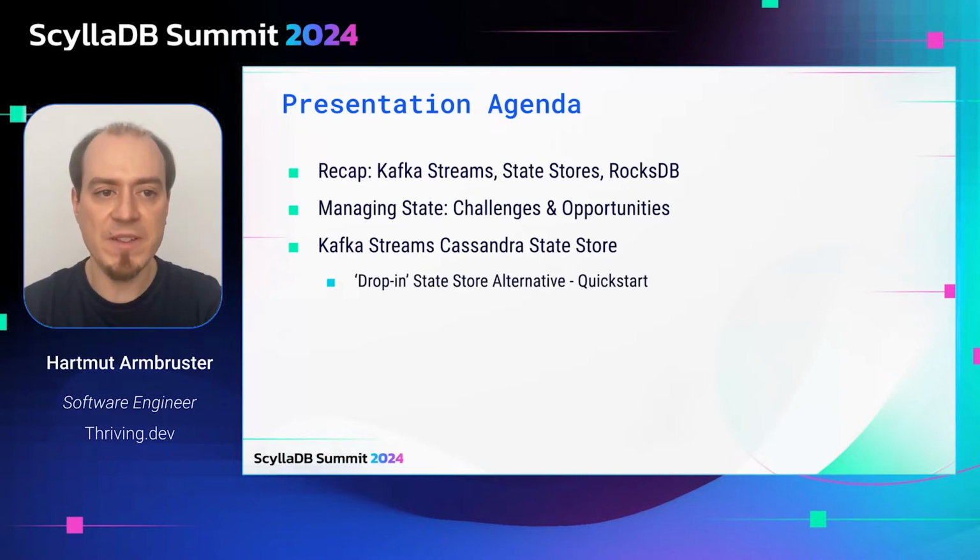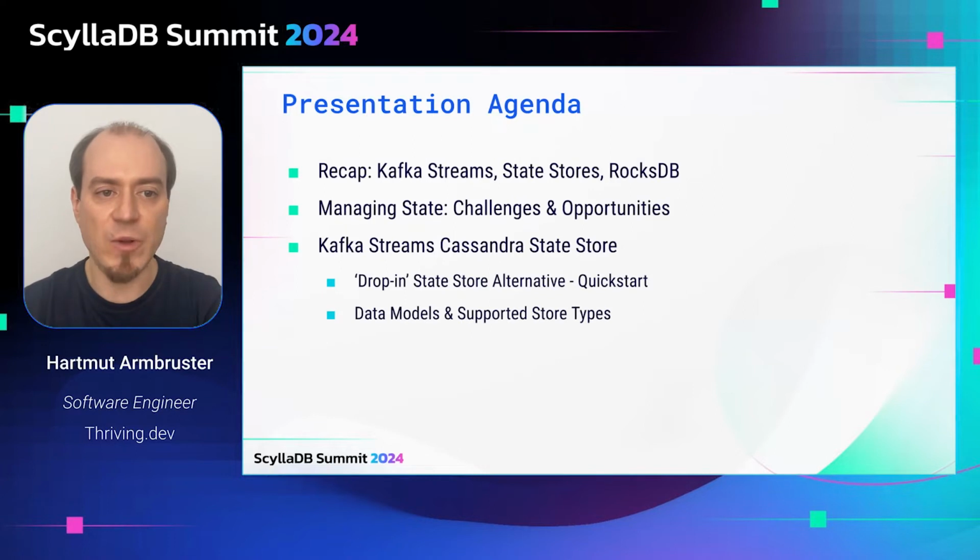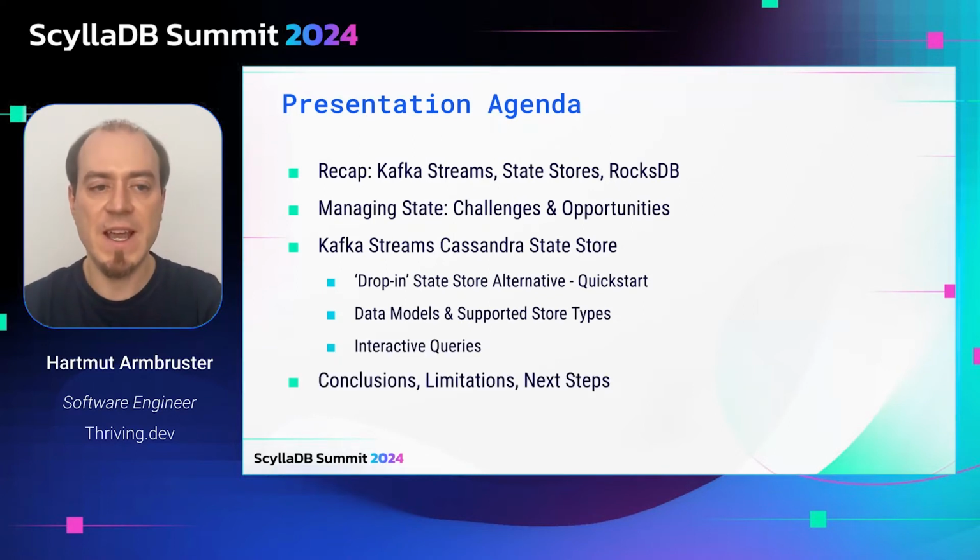It's a drop-in state store alternative, so we'll show a quick start. We'll look at data models and supported store types, interactive queries, and wrap up with conclusions, limitations, and next steps.